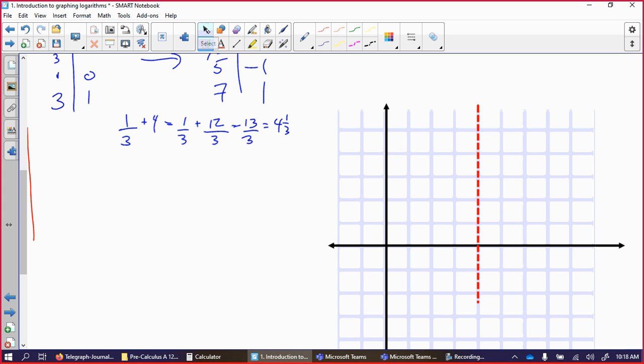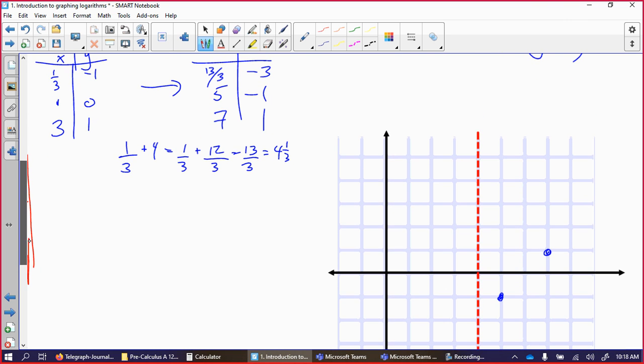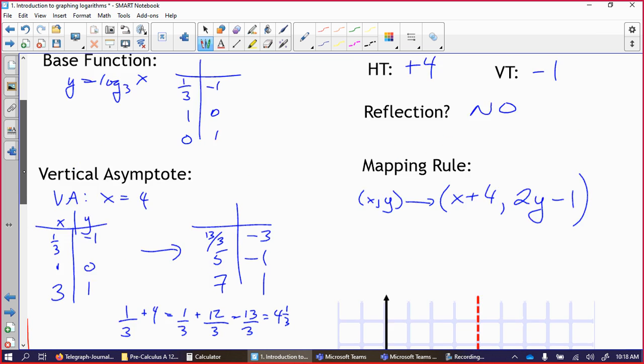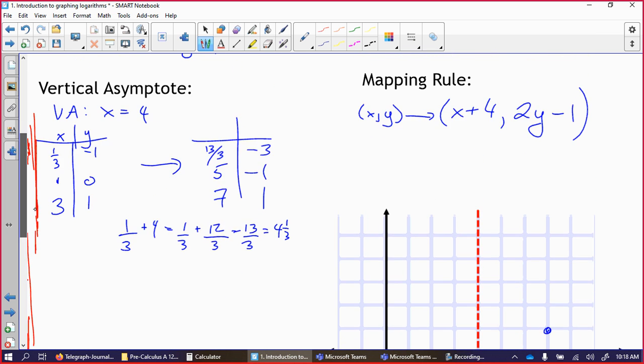So we have our table. I just want to extend that a little bit more. So let's plot the points that are easy. 5 and negative 1. 7 and 1. And 13 thirds, which is 4 and 1/3, and negative 3. And what? 2 times... Oh, that really bugs me.